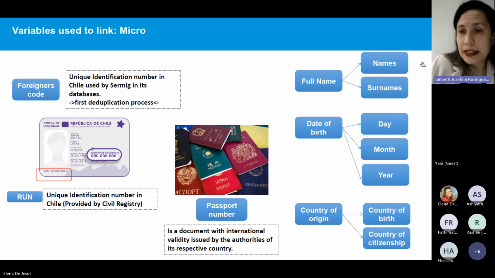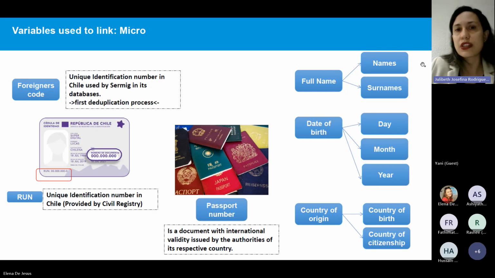But in many state databases, the variable most used is the RUN, which I already mentioned, that is a unique identification number that is granted to all Chilean citizens, whether or not they live in the country. And in the case of foreigners, it's granted only to those who have a resident permit, whether temporary or permanent. Due to the above, three situations can occur.